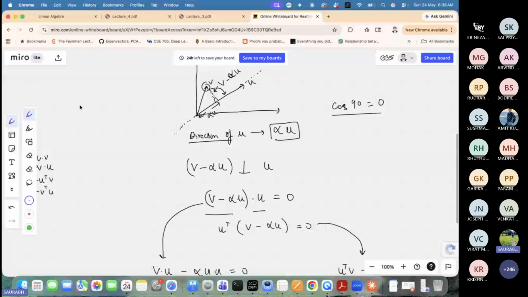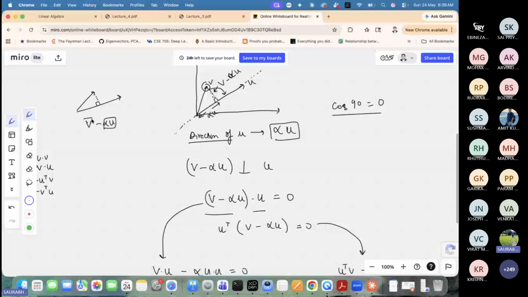The best possible approximation in the direction of u is achieved only when this distance is minimal. This distance is minimal only when the distance line is perpendicular to the second vector, which is the u vector. That's what we are saying. Let's say we have the v vector, and we want v minus alpha u, because this is the projected vector and this is the original vector.